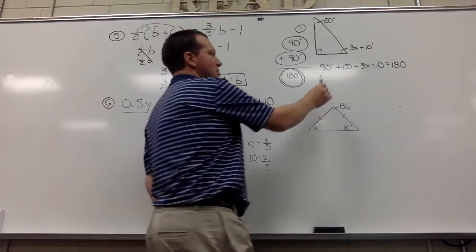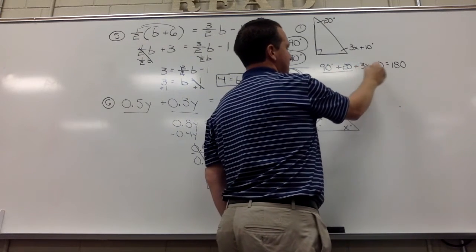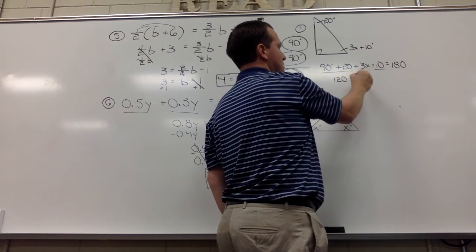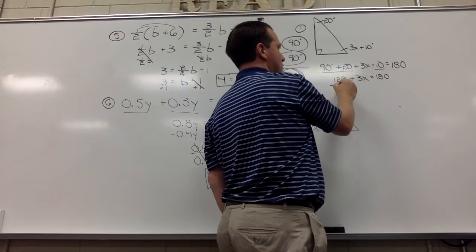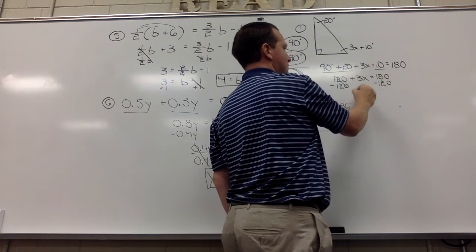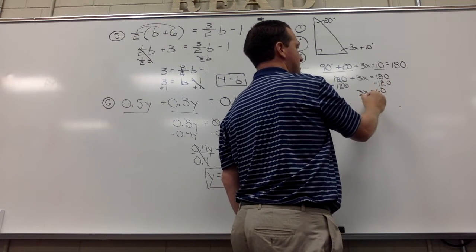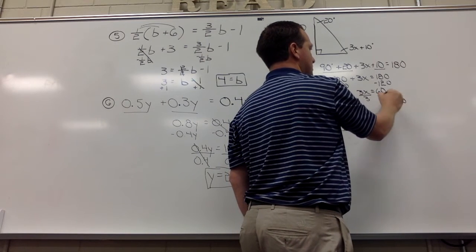My like terms here on the left side, 90, 20, and 10. 110 and 10 makes 120. So I got 120 plus 3x equals 180. Subtract 120 from both sides. I'll have 3x equals 60. Divide by 3, and x will equal 20.